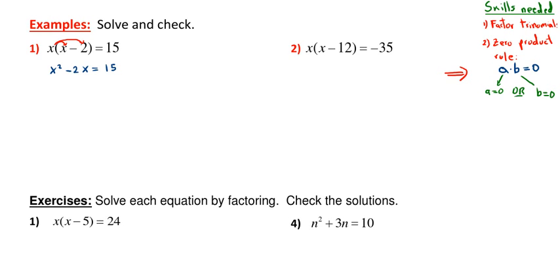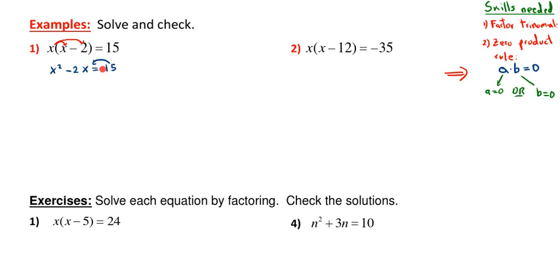So now I can do what we did on the last lesson. I can move this 15 to the other side in order to have a 0 here. But we have to remember that whenever we move something from one side to the other side of the equal sign, we have to use the inverse operation.